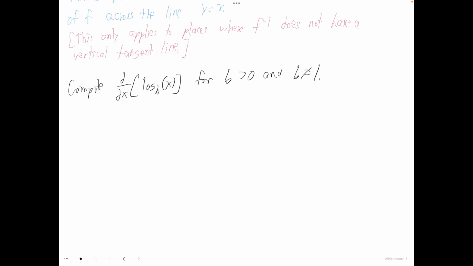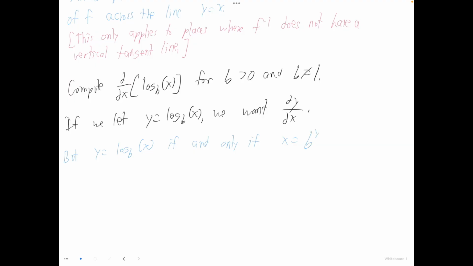The trick we're going to use is to let y equal log base b of x. We want dy over dx. But y equals log base b of x if and only if x equals b to the y.